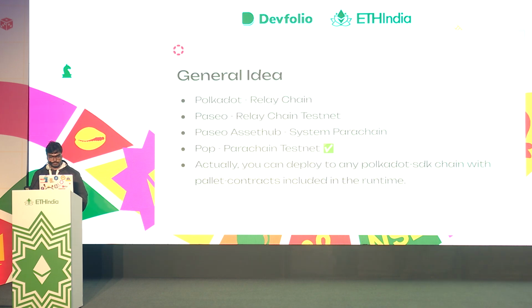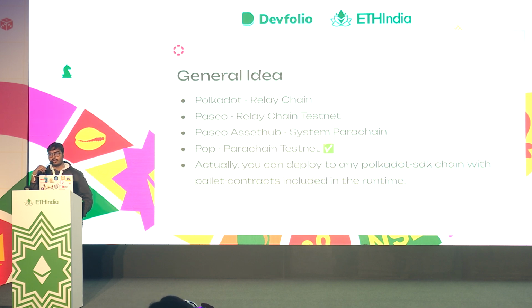So some general idea we need to think about is, what is Polkadot actually? Polkadot is like the relay chain which secures different parachains, correct? And what is Paseo? Paseo is like a relay chain testnet, and there are also some system chains like Bridge Hub, Asset Hub, which holds all the assets.